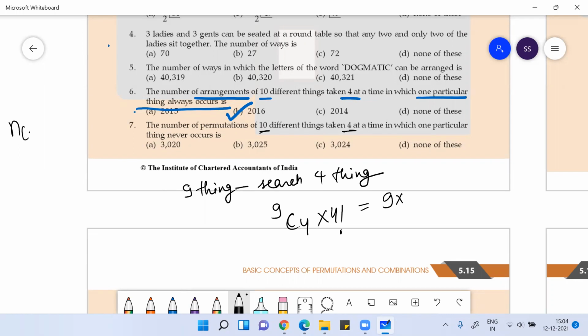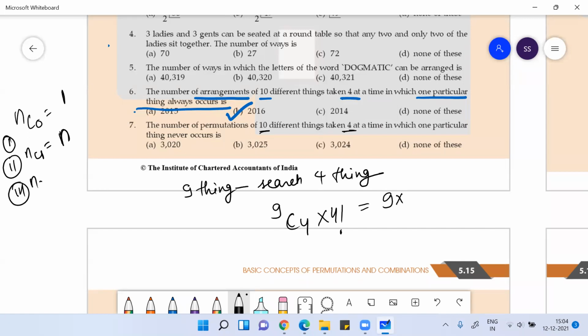Okay, remember NCR. If I ask you NC0, n factorial by 0 factorial into n factorial, that is 1. From n objects you have to choose 0 objects, in how many ways can you do that? NC0 would be 1. NC1 would be n.